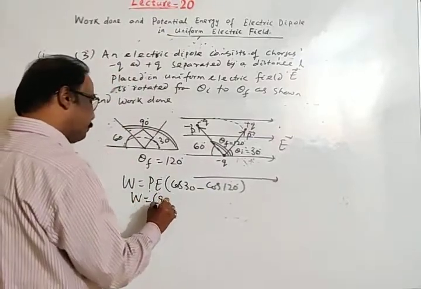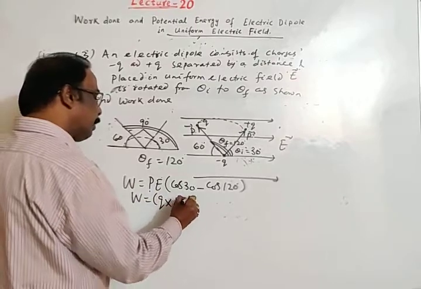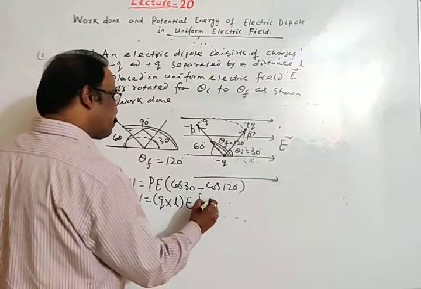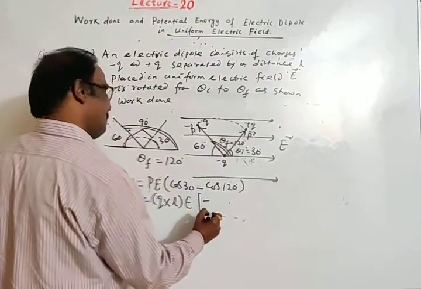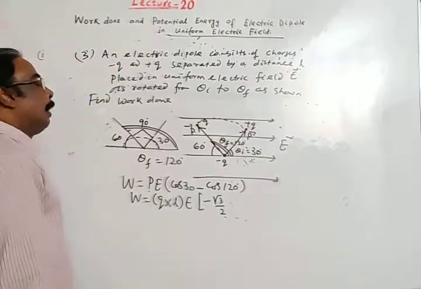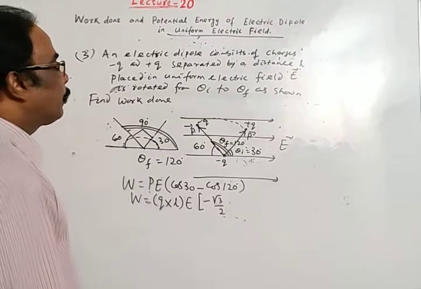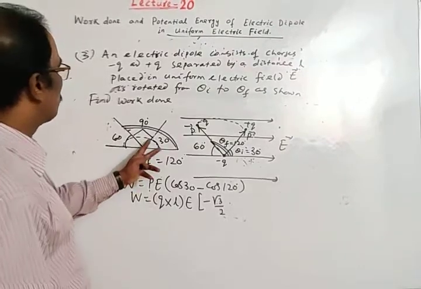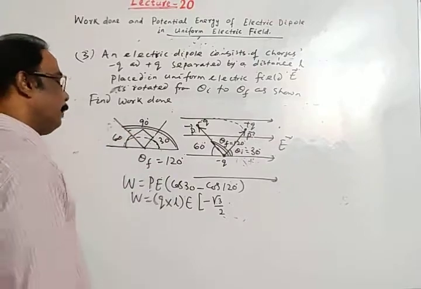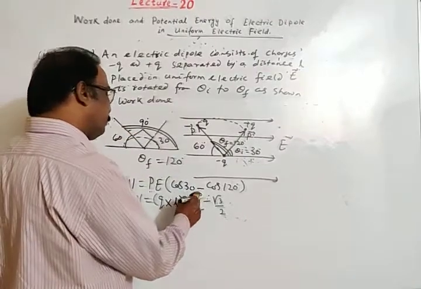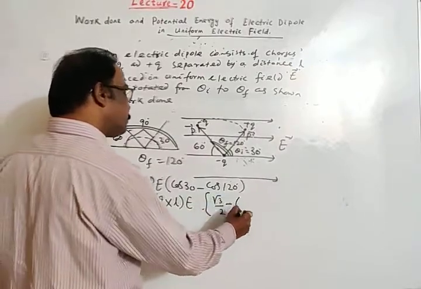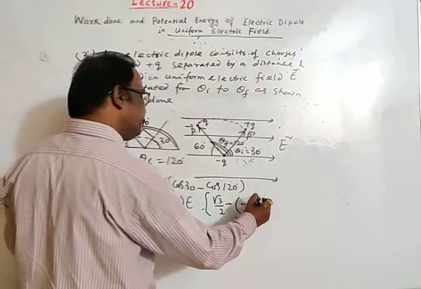Again P is Q into L, distance is L, into E. Cos 30 is root 3 by 2, minus cos 120, which is minus 1 by 2.